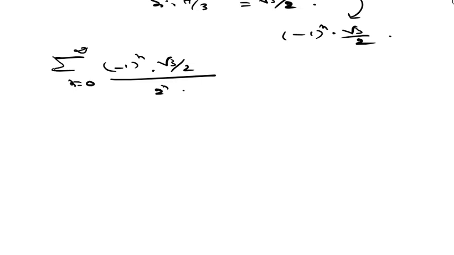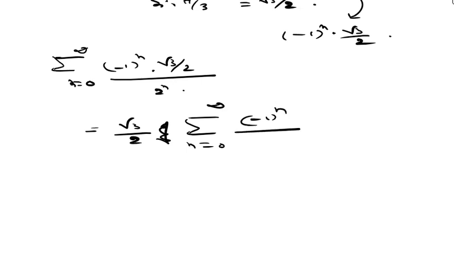Okay, now factor out the constant. So this becomes root 3 by 2 times the summation of n equals 0 to infinity of minus 1 whole to the power n by 2 to the power n. Now rewrite the fraction.